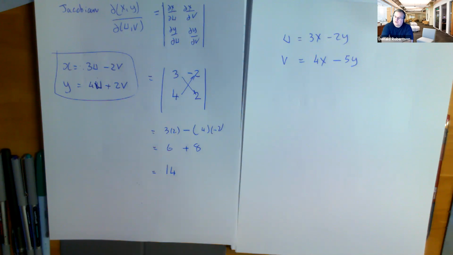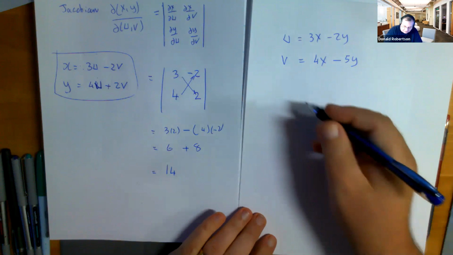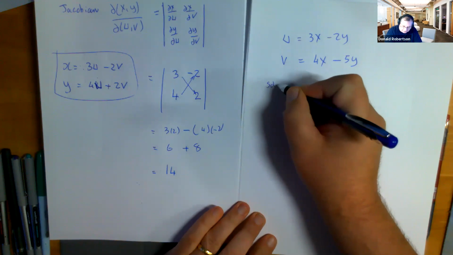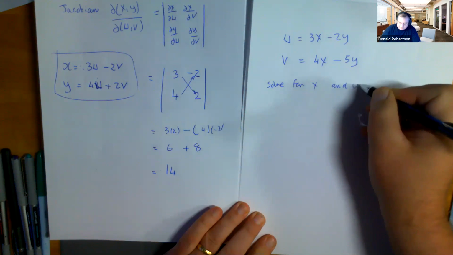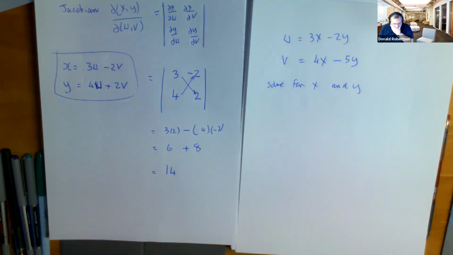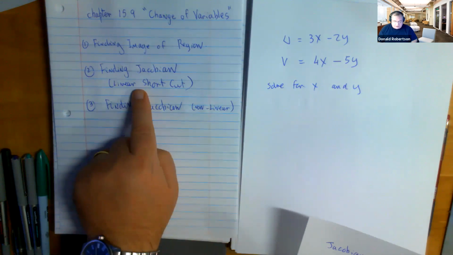Wouldn't you expect u and v to be in terms of x's and y's? Now, how do you get the Jacobian of that guy? Well, there are 2 ways. The first way is you solve for x and y. And the second way is the linear shortcut.